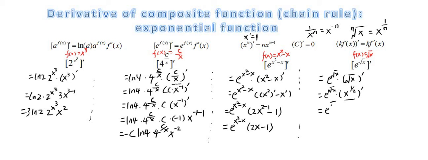We have e to the power square root of x, 1/2 x to the power 1/2 minus 1, and now we can simplify it. 1/2 x to the power negative 1/2, okay, times e to the power square root of x. Okay, that's it.